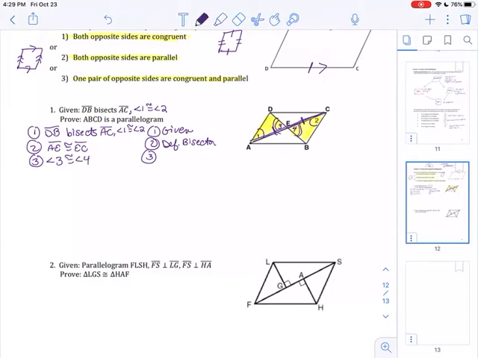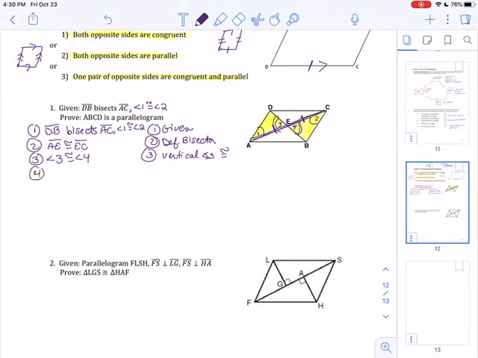And then I'm going to use the corresponding parts to prove that those opposite sides are congruent and those opposite sides are parallel to each other. All right, so angle 3 is congruent to angle 4 because they're vertical angles and vertical angles are congruent.